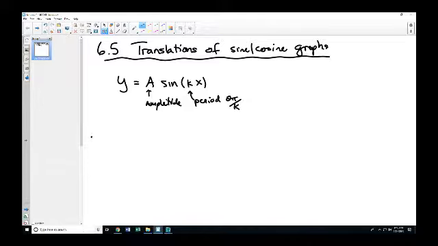Based on your knowledge of parent functions, how would I make a left and right translation? Negative.